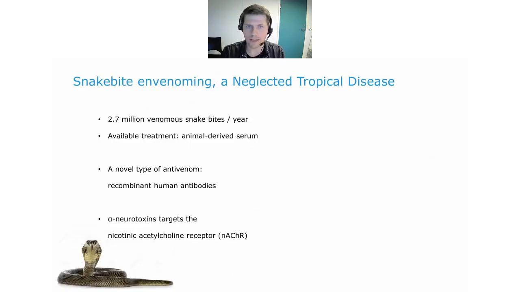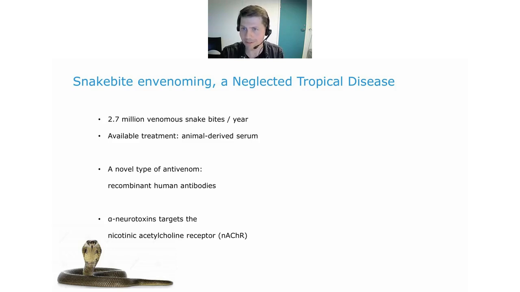We are looking at snake venoms because snakebite is a highly neglected tropical disease. Almost 3 million people every year are bitten by a snake, causing hundreds of thousands of deaths and a lot of amputations. Currently the only treatment is animal-derived serums.